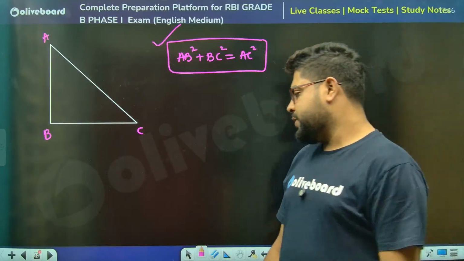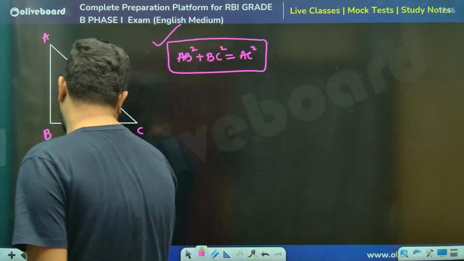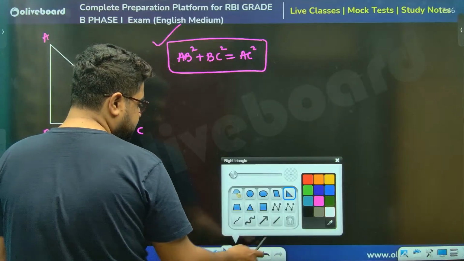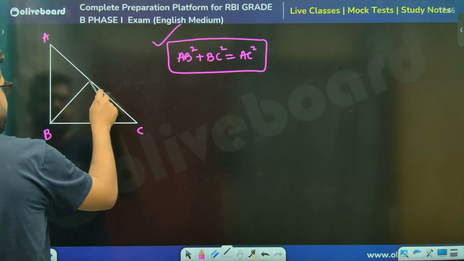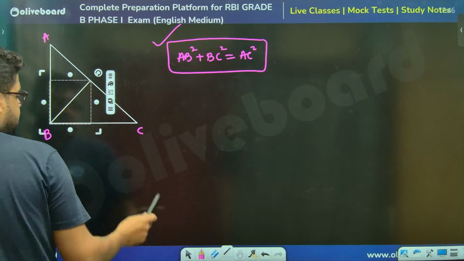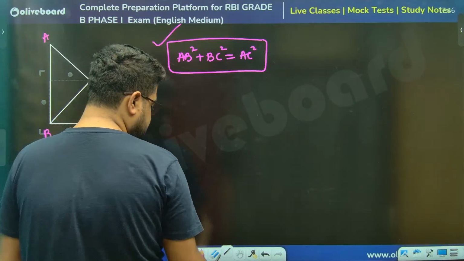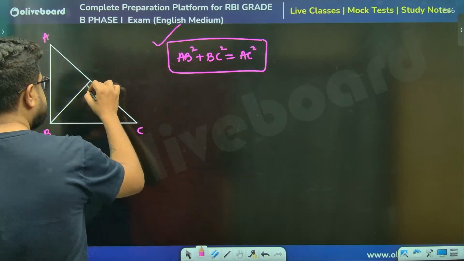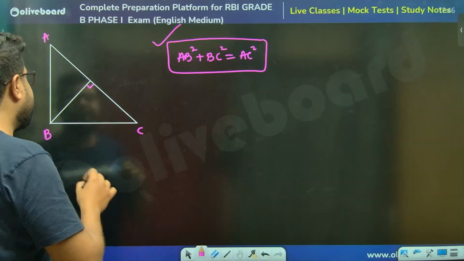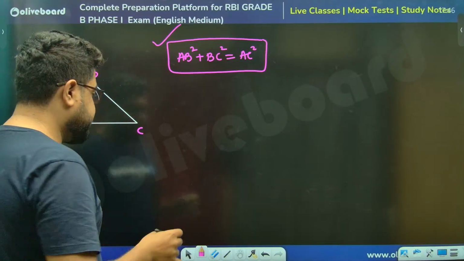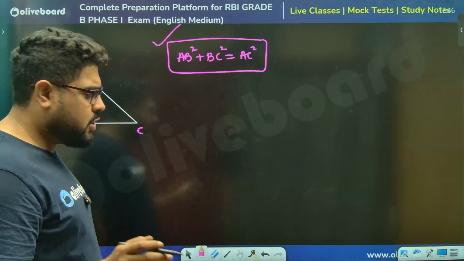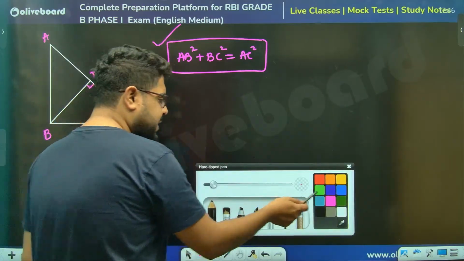Let me show you using similarity because some results are very useful from there. If I drop a perpendicular here, let's say this is D. Now, let's prove similarity. I'm not going very deep, but it's very simple.